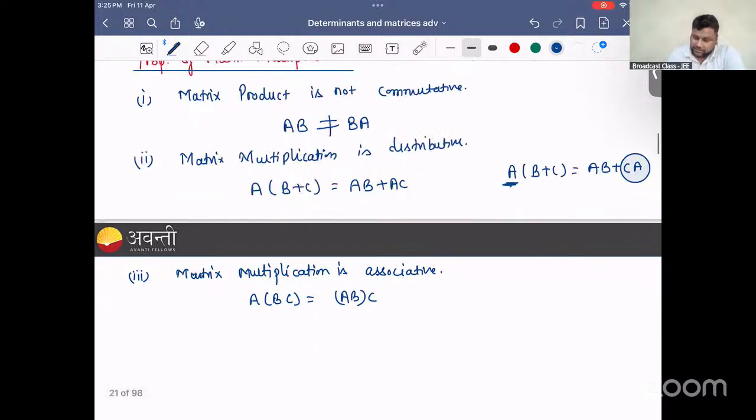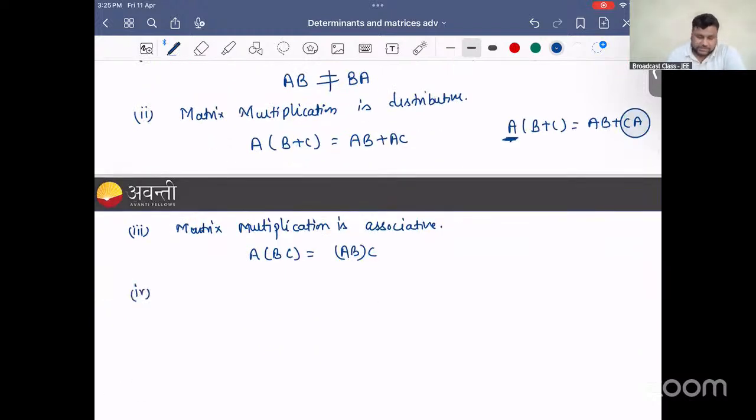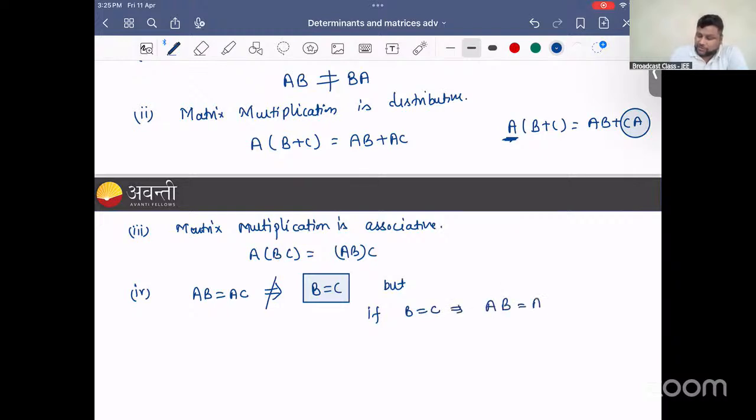All right. Fourth property. See, if sometimes you see that AB equals AC, that does not imply that B equals C. But if B equals C, that definitely implies that AB equals AC or BA equals CA. Means to an equality, you can multiply any matrix as a prefactor or as a post factor anytime.